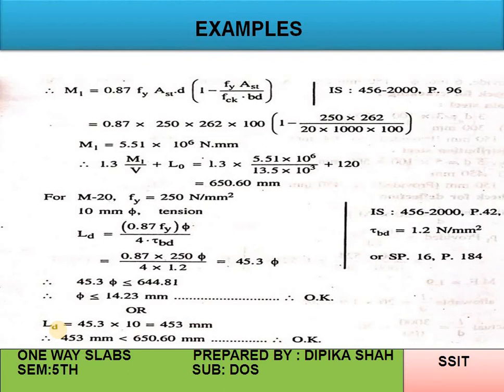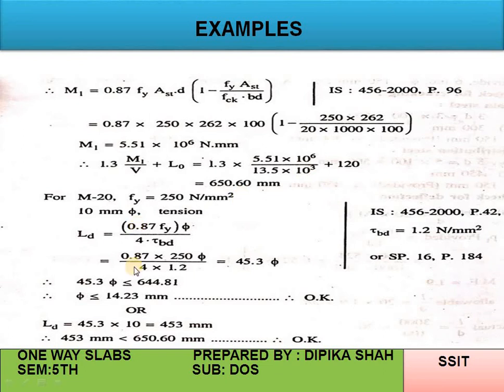So here we have provided a phi value of 10 mm, right? So we will put the value of phi as 10 mm in this 45.3 into 10, so it is 453 mm. So as per our criteria of Ld, Ld should be less than or equal to this equation's value.